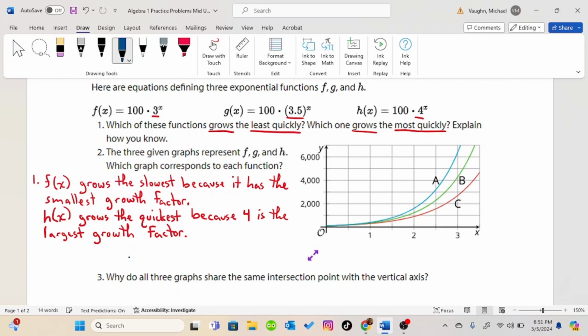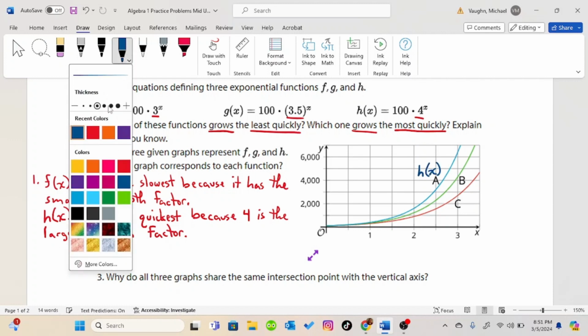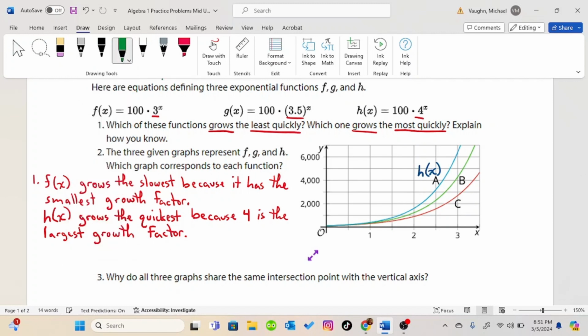So that means the blue line A would be h of x. The one in the middle would be g of x because 3.5 is the growth factor in the middle. So B is g of x.